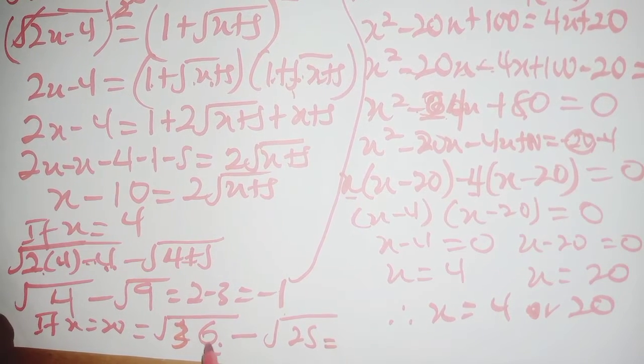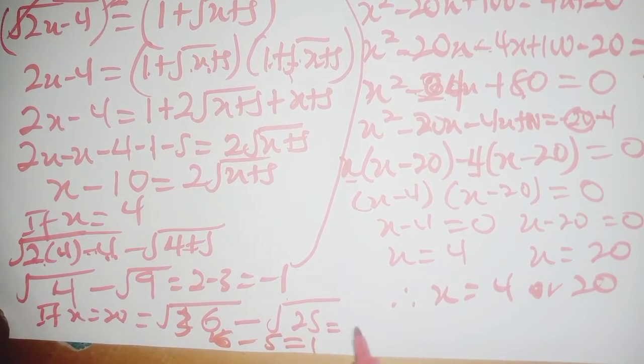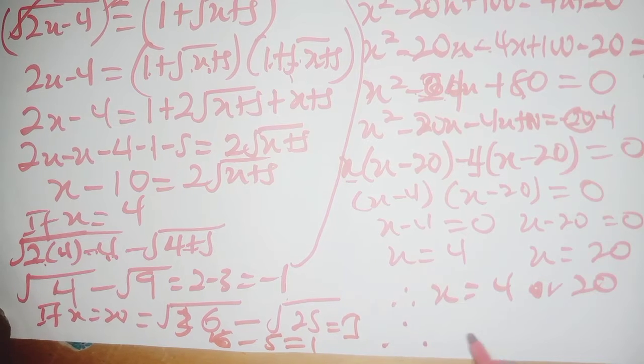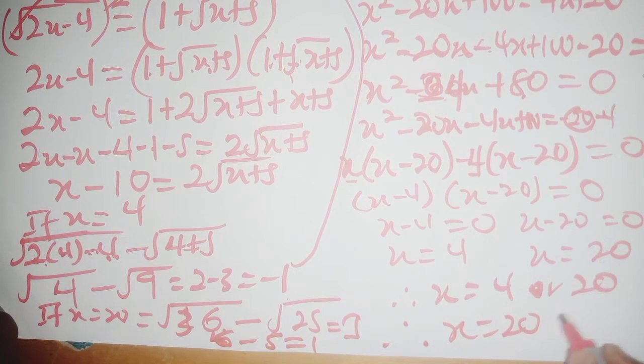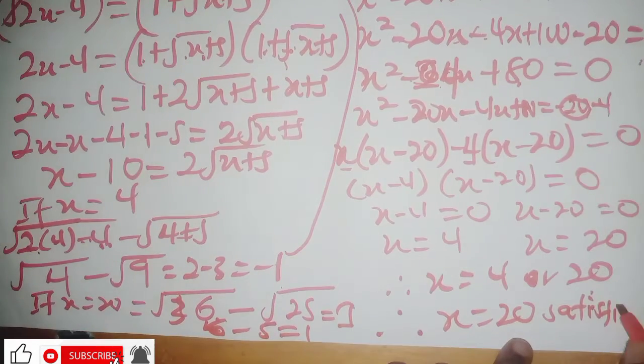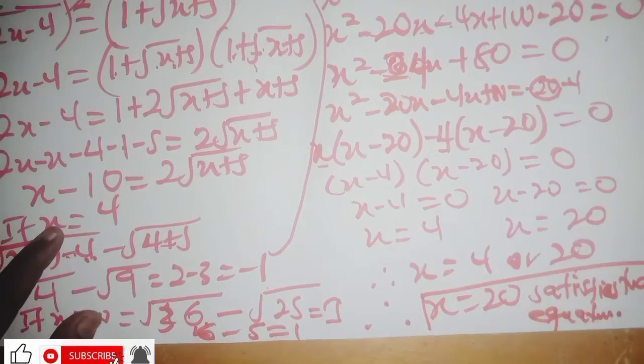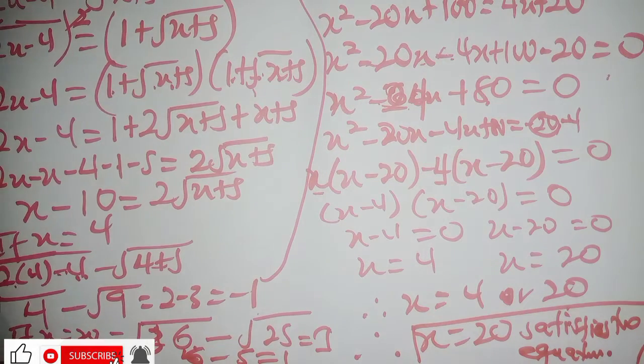So I'm just going to have 6 minus 5 in this case, which is just equal to 1. So therefore x equal to 20 satisfies the equation, right? So x is basically equal to 20 in this case, right?